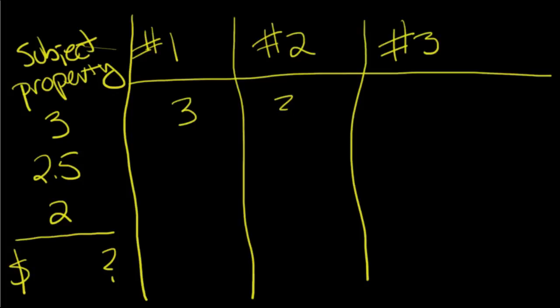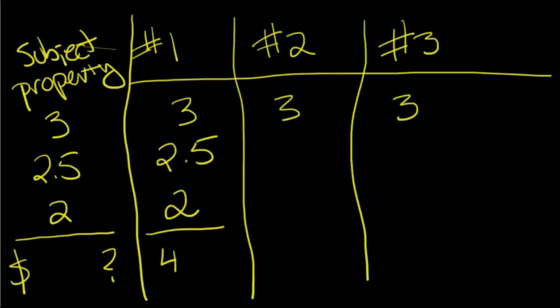All of these have 3 bedrooms, and there are a lot of different factors that drive price, but the bedroom count most certainly is a big factor. Comparable number 1 also has 2.5 baths and a 2-car garage. Because it just sold last month, in this theoretical example, we know it sold for $400,000.